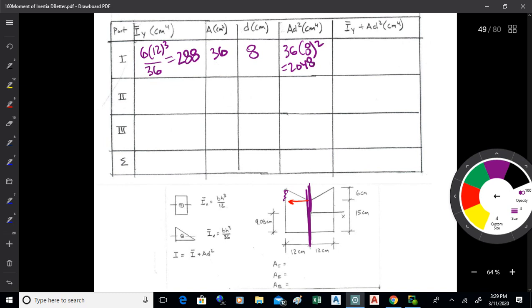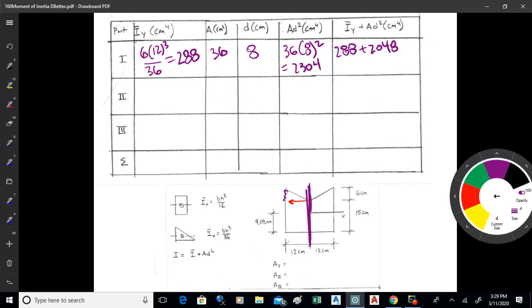And then we can take 288 and add 2304 to it. Did I bust that? Okay. How did I do that? So 64 times 36. Yeah. I don't know how. But there we go.